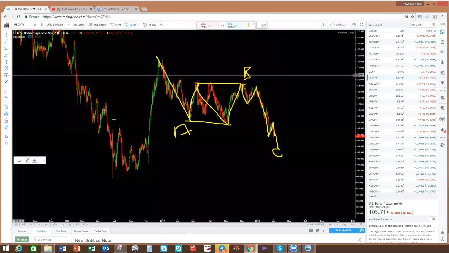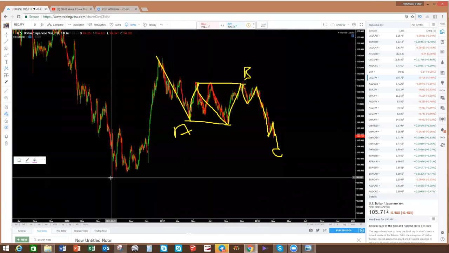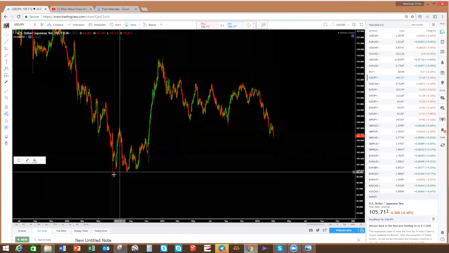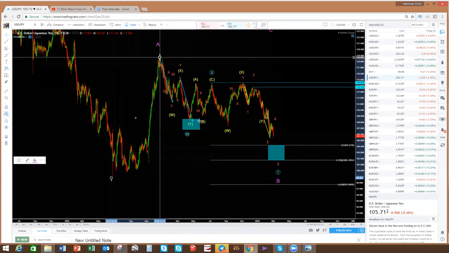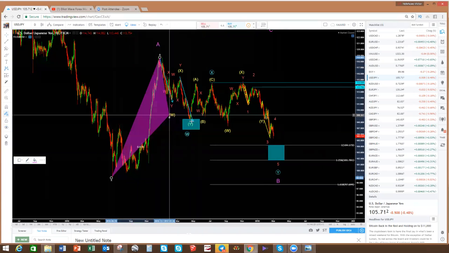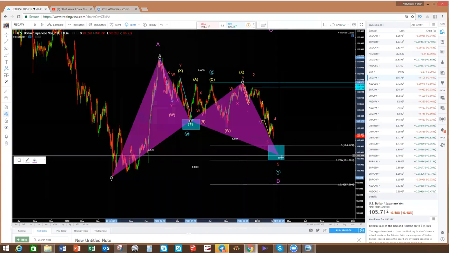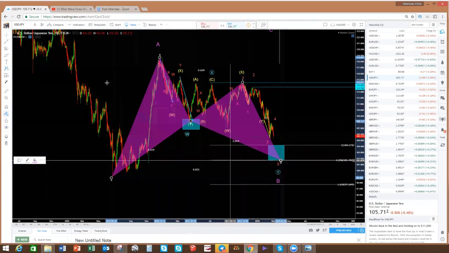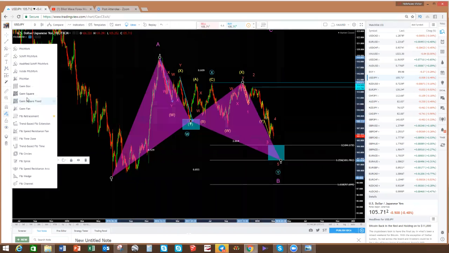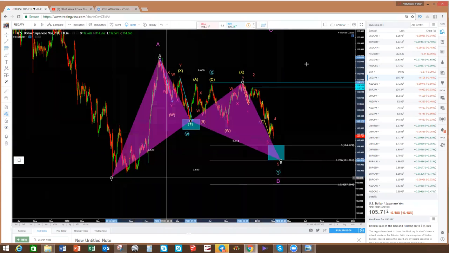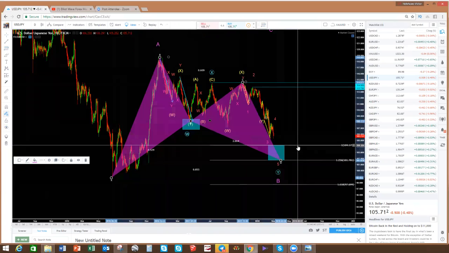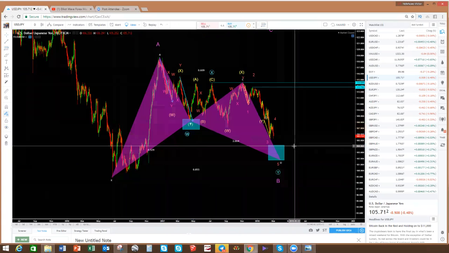But look at something else. Those who like advanced patterns, let's clear all that. You'll see that you've got a 1, 2, 3 Gartley pattern, right? And it will be coming to this level. Let me just measure it with the retracement tool.